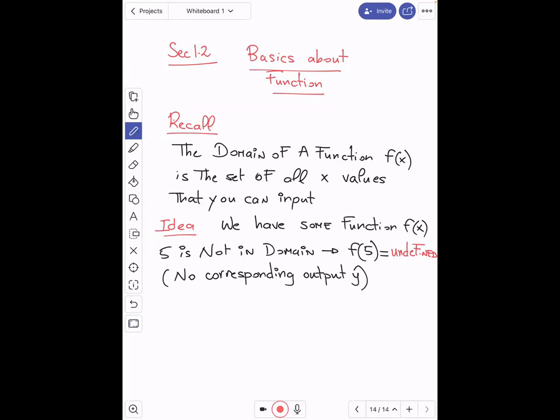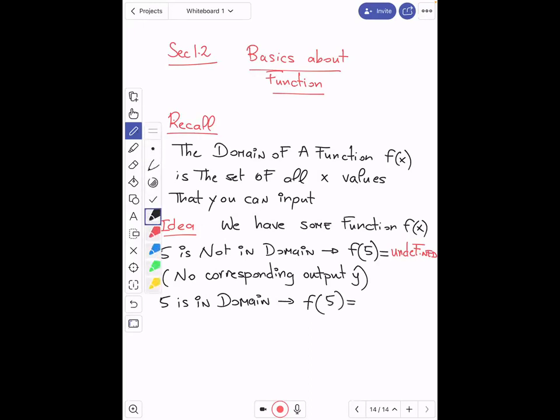Now, if 5 was in the domain, then the corresponding output y would be well defined. So f of 5 would be just some number.